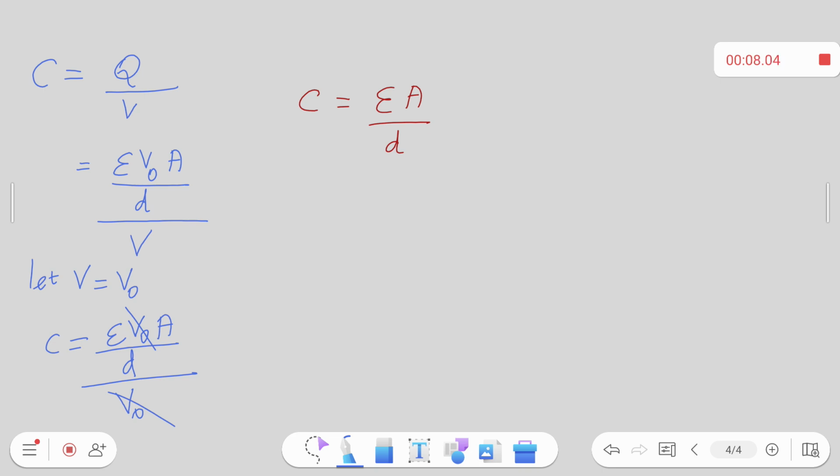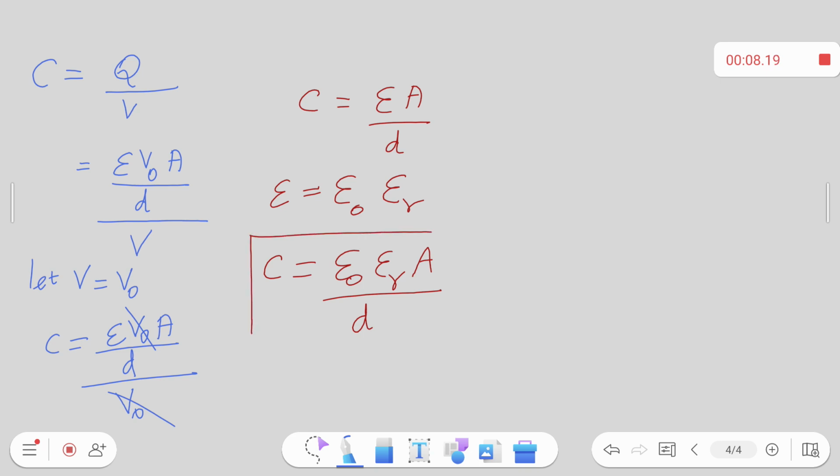You know epsilon, the permittivity, is epsilon naught into epsilon R. So if I substitute, my capacitance of a parallel plate capacitor will be epsilon naught epsilon R into A by d, where epsilon naught is the permittivity of free space, epsilon R is the relative permittivity, A is the area of the capacitor and d is the distance between the two parallel plates.